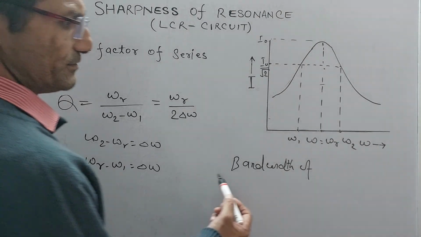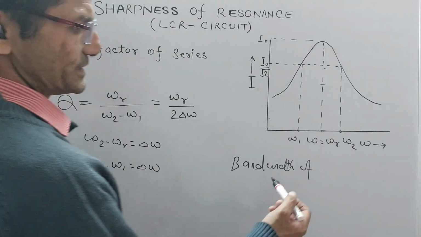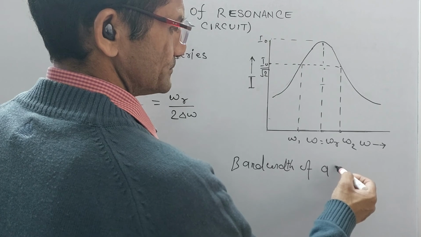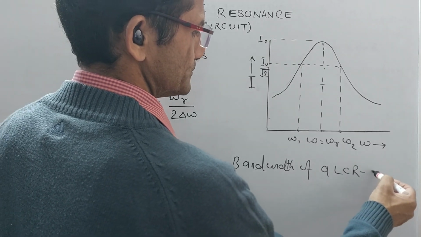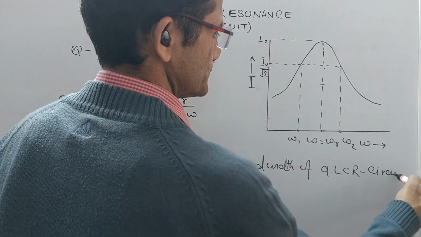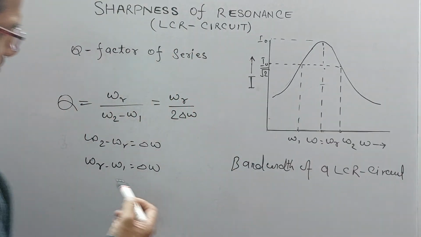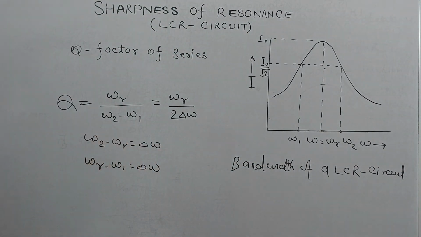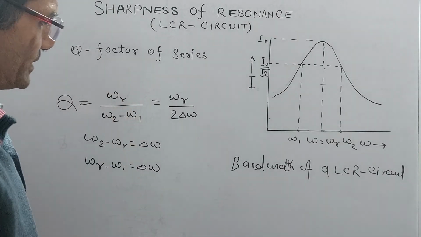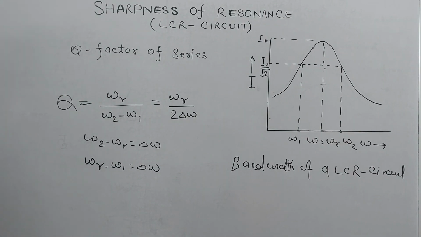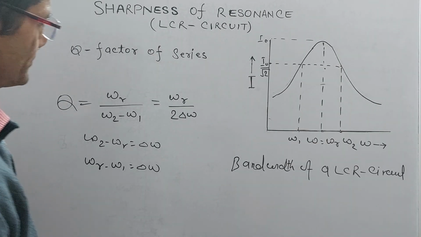So this is a bandwidth graph of a series LCR circuit, and the corresponding mathematical formula will be this one. So now, how to calculate the expression for this quality factor, also known as the Q factor of this LCR circuit, in another way.